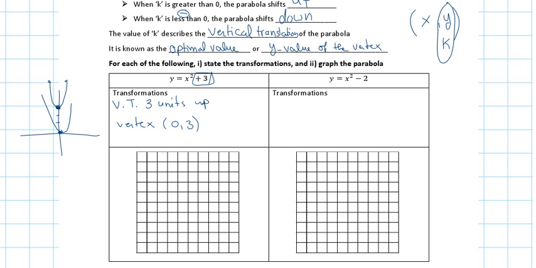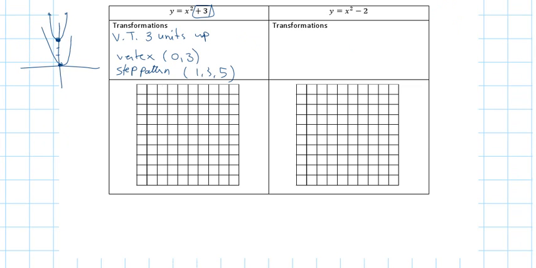Okay, so let's see how we're going to graph this. Okay, so this is my x, this is my y, and 1, 2, 3, -1, -2, -3.